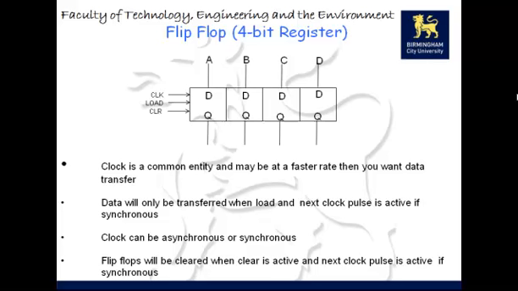So when the load is high, on the next active clock pulse, data is transferred into the flip-flops. Another reason we need load is that if the flip-flops were just clocked by the common clock, every time the clock enabling pulse occurs, whatever that is, the negative edge we've been looking at previously, data would be transferred into the flip-flops.